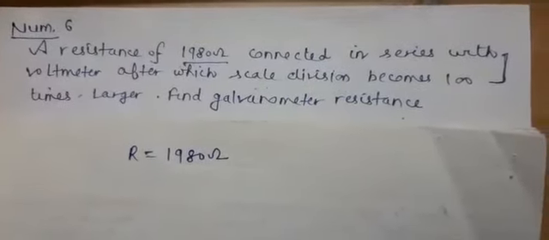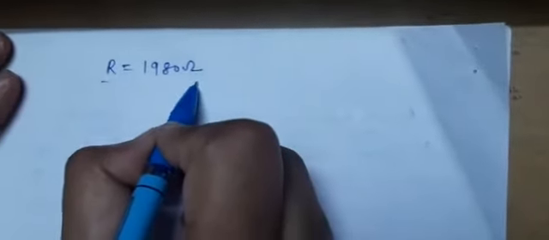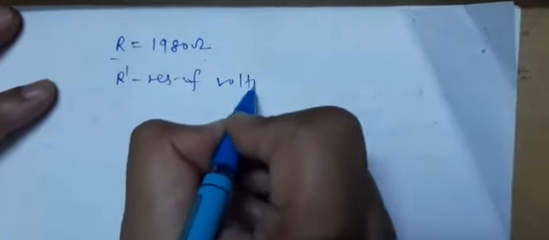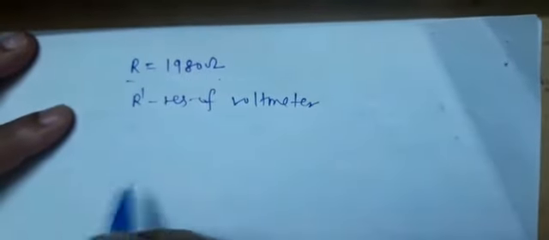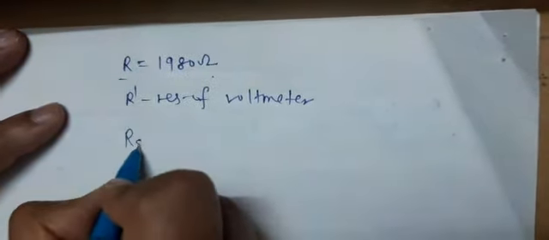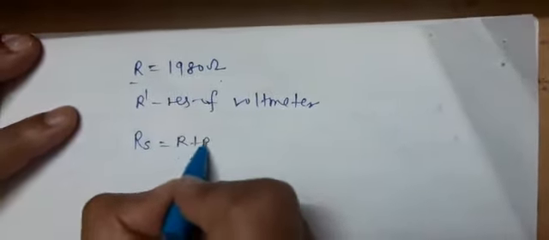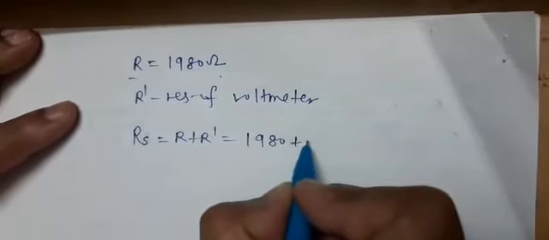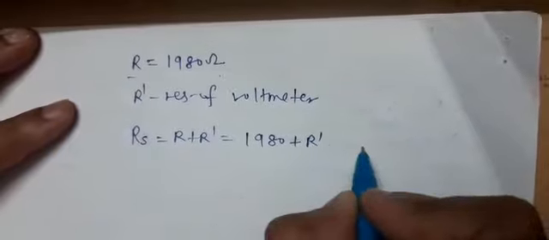Let's see how. As this resistance is connected in series with the voltmeter, let R dash be the resistance of the voltmeter. Now as both are connected in series, the total is R plus R dash, that is 1980 plus R dash, right?